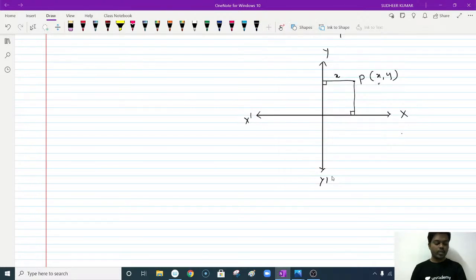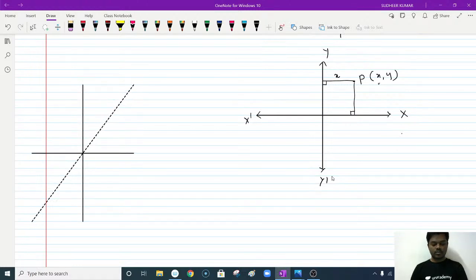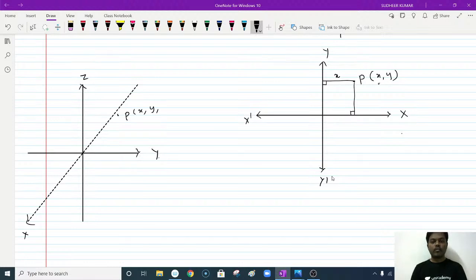If we take 3-dimensional geometry, let us consider this is x-axis, this is y, and z-axis. So there is a point P, x comma y comma z, right?